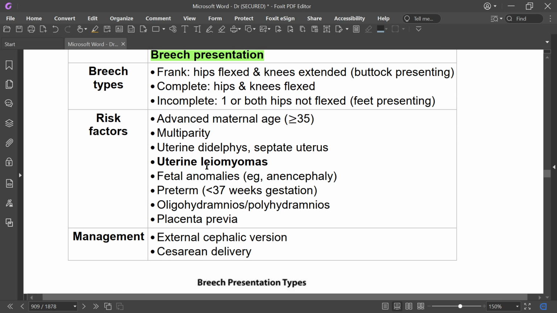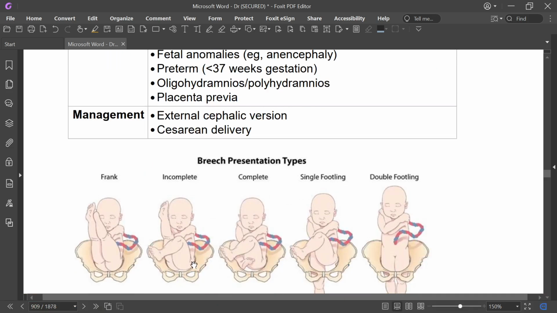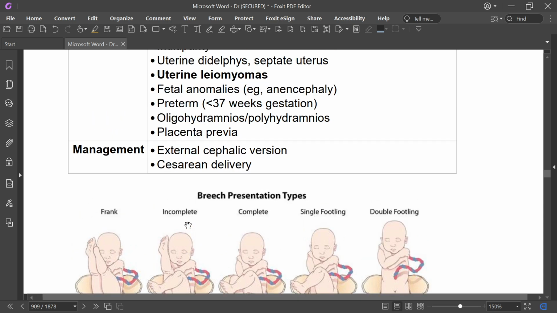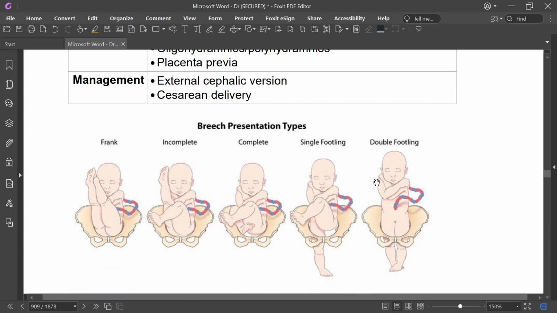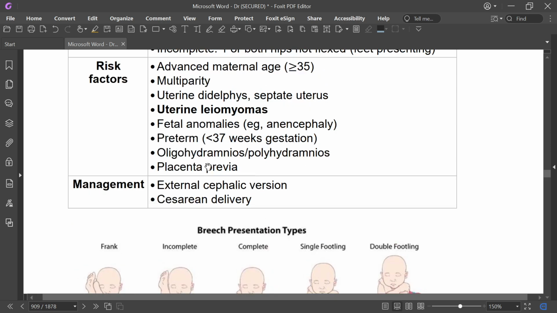And when one or both hips are not flexed, this is incomplete. This is single footling. This is double footling.